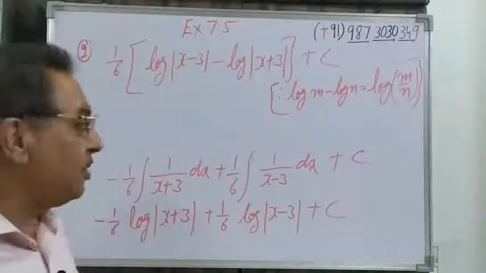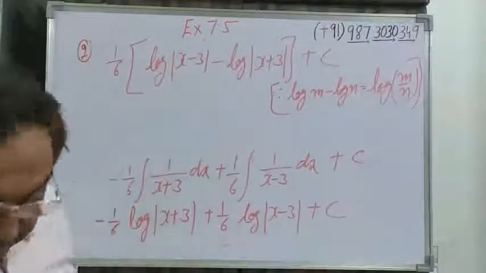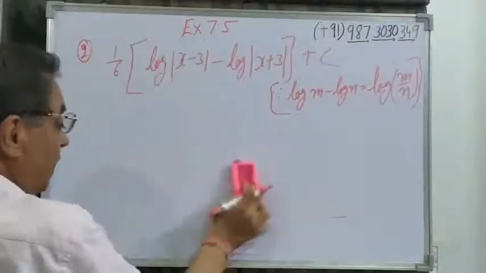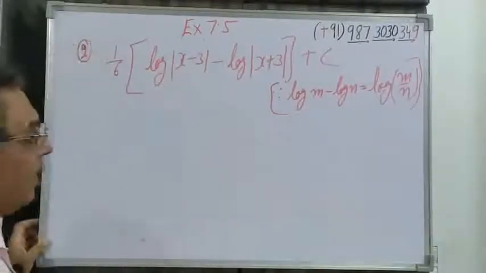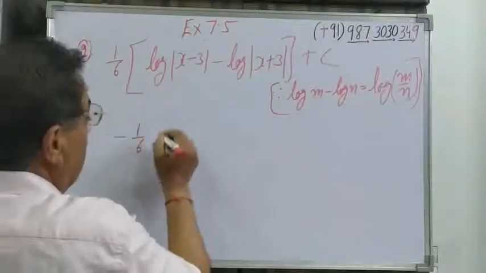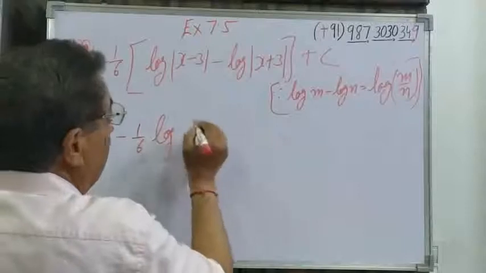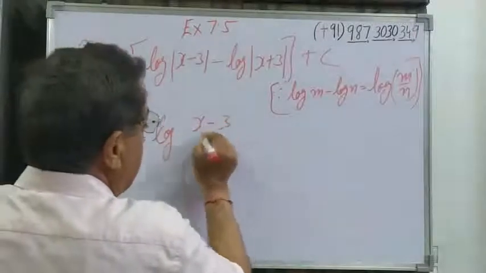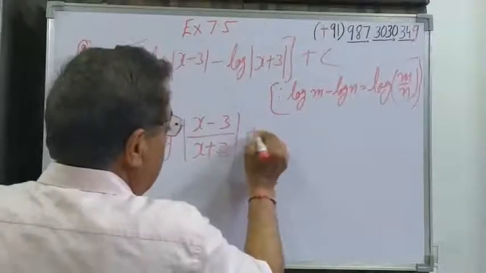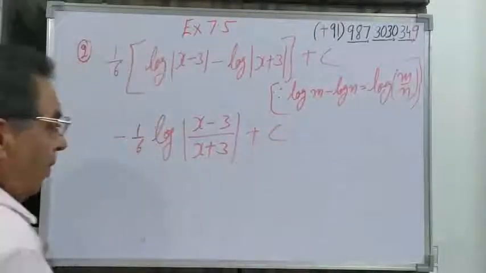Now this can be further written, in its simplest form, as 1 by 6 log of x minus 3 divided by x plus 3, plus c.